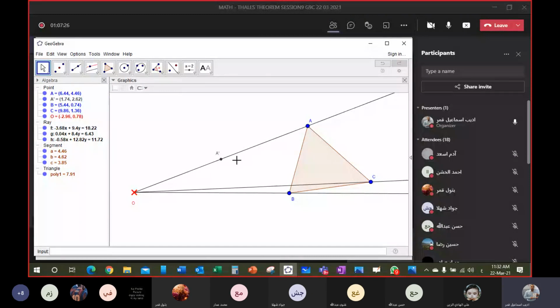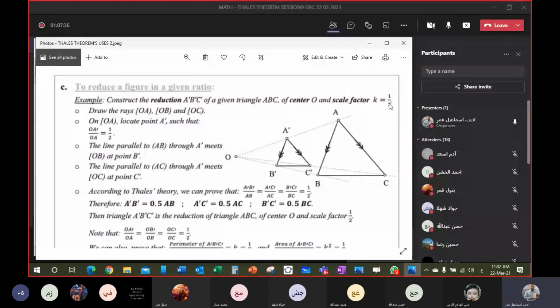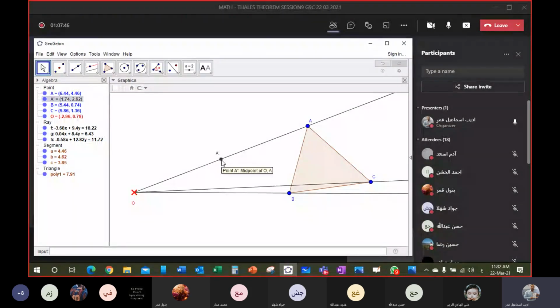Not at all times is A prime the midpoint of OA, just in the case where the scale factor is 1 over 2. That means I want to reduce ABC to half of it. For this reason A prime is the midpoint of OA, working by the scale factor 1 over 2. Then we continue with the steps.